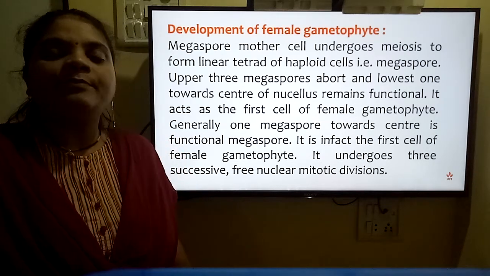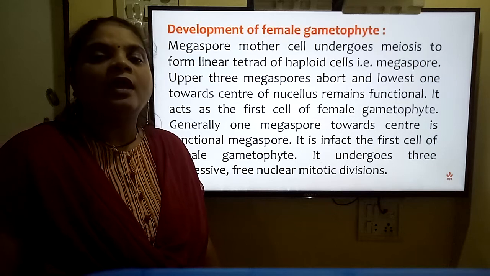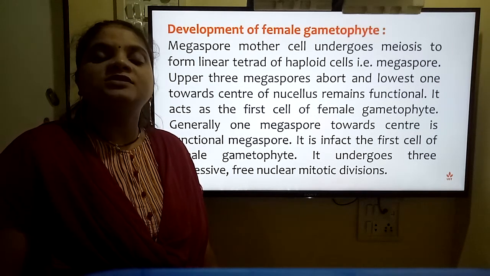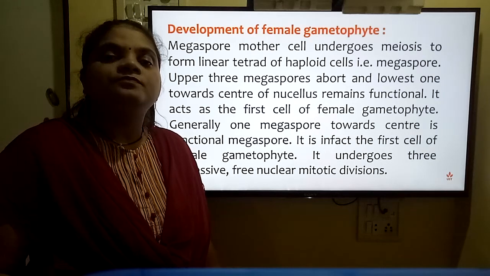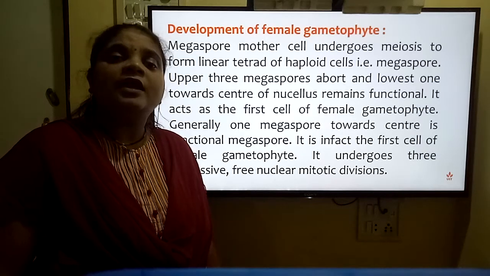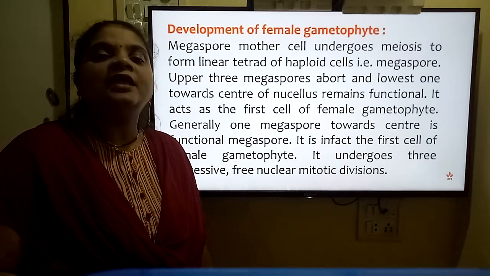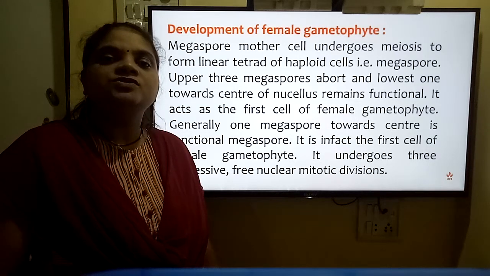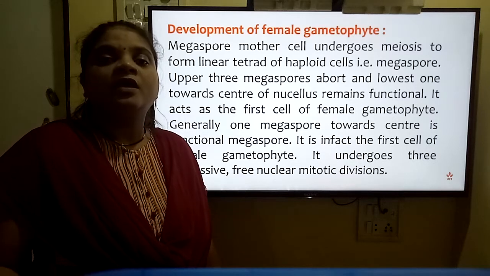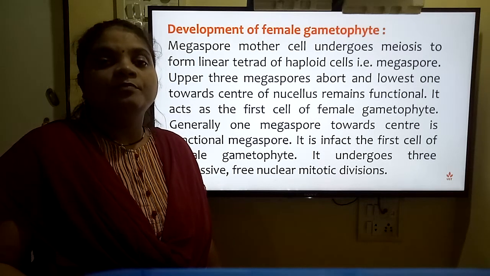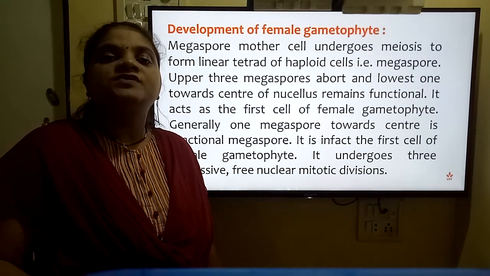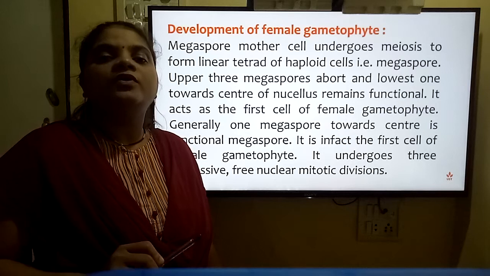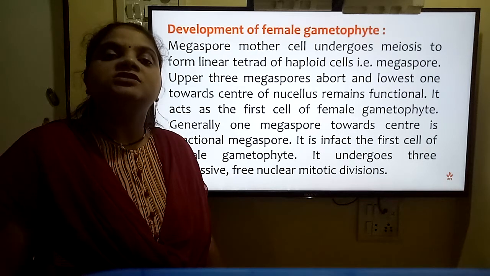Here the egg apparatus develops or converts into the egg cell. So it becomes a big, large cell at the center, which is called the egg cell, and that egg cell is covered by, or supported by, the synergid cells.